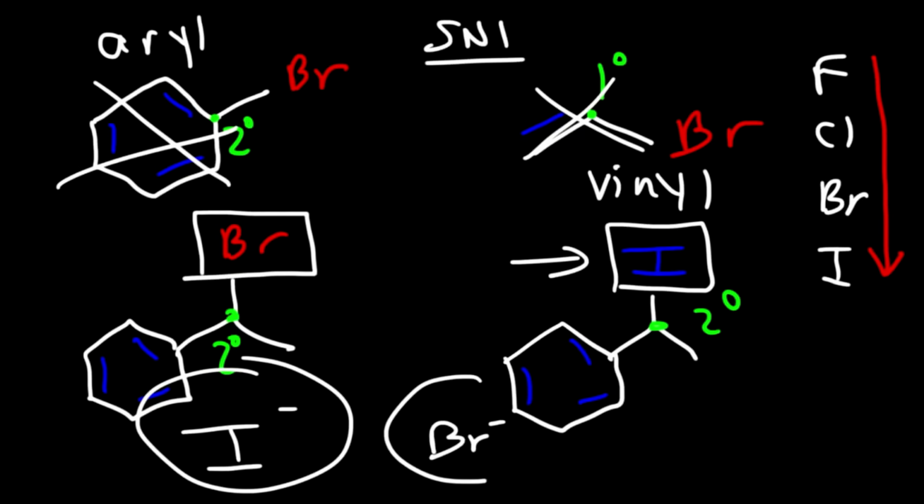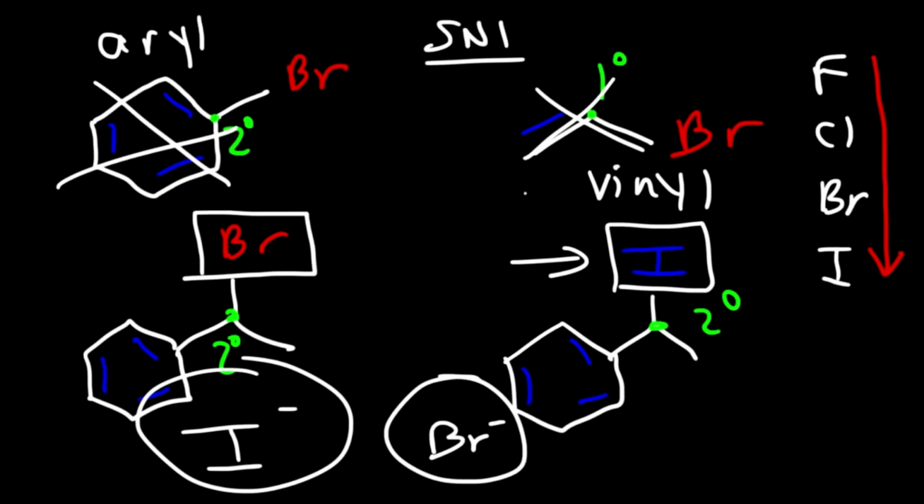it can stabilize the negative charge better. If you can spread out a negative charge over a larger area, that process will be more stable than concentrating a negative charge in a smaller area. And so larger ions can stabilize a negative charge better than smaller ions can.